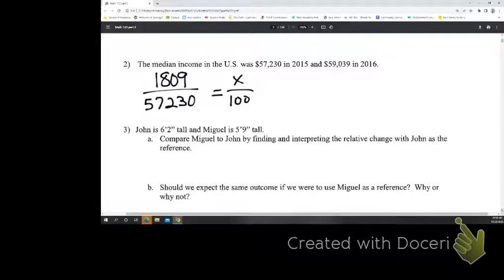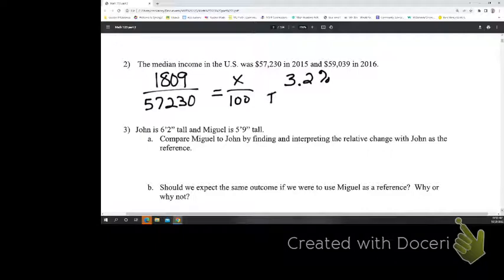So we can cross multiply and divide. We could just divide and move the decimal. But we could say 3.2%, or we could just round that to 3%. I went with 3.2 because they used 8.4 above, so I just went with the same number of places.